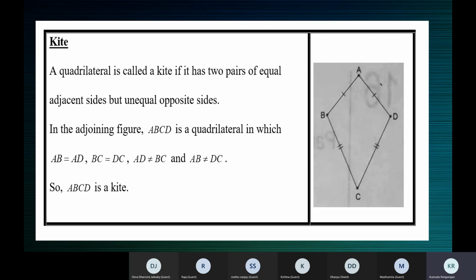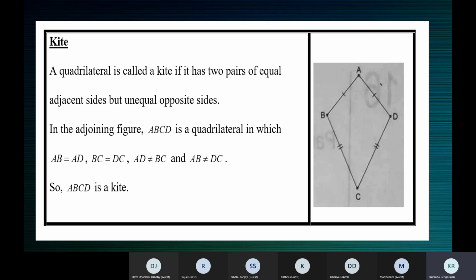All right, you would have definitely seen the shape of a kite. In a kite, opposite sides are not parallel. Opposite sides AB and CD will not be parallel. BC and AD will not be parallel.